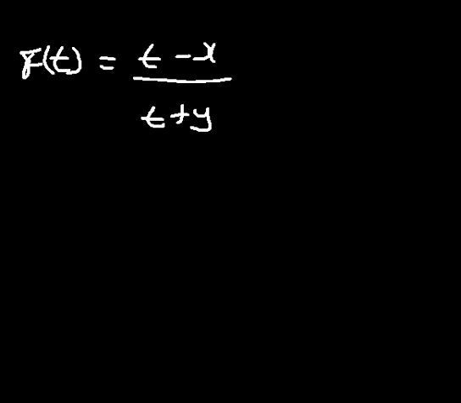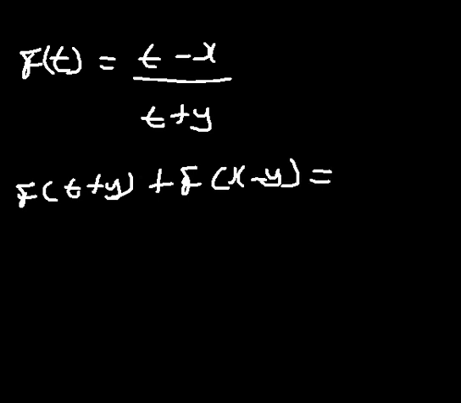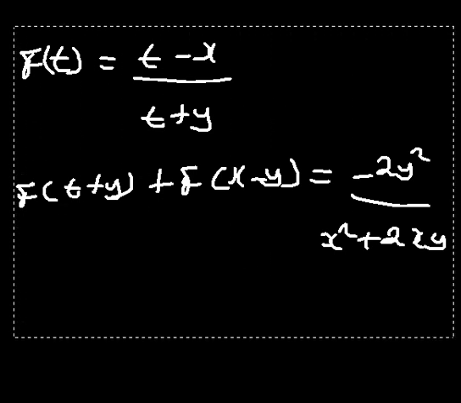So now show that f of a t plus y plus f of x minus y is equal to negative 2y squared divided by x squared plus 2xy. You should show that one if it is really true according to the principle behind. And also at your own time, try to go by this problem as well.